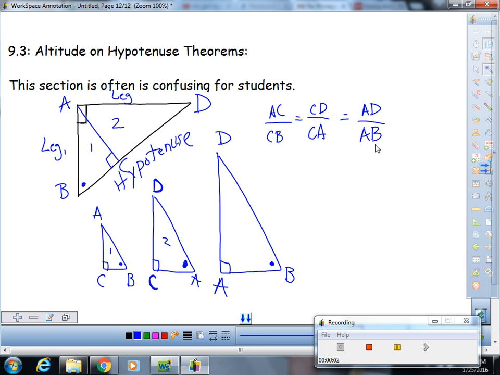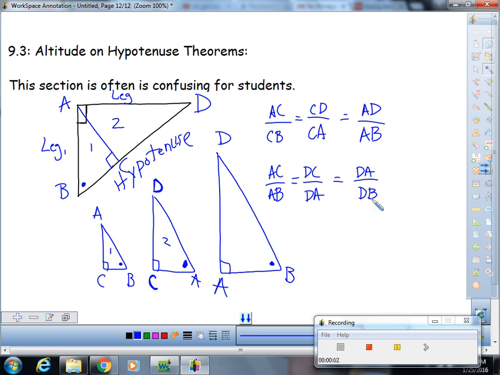But you could also say that AC is to AB like DC is to DA, like DA is to DB.